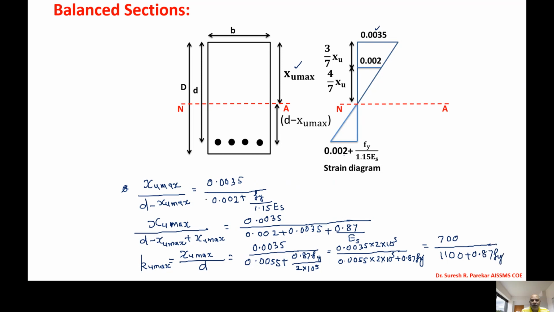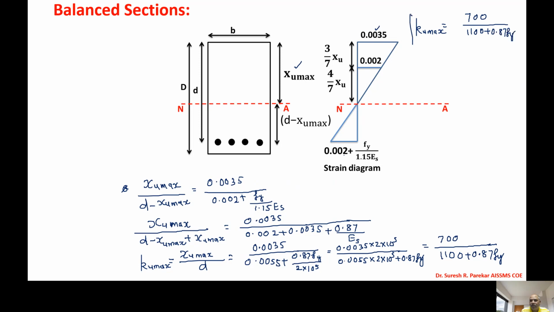And this we have Ku max, that is equal to Xu max upon d, which is equal to 700 upon 1100 plus 0.87 fy. So this is the most important formula, that is Ku max equals 700 divided by 1100 plus 0.87 fy.